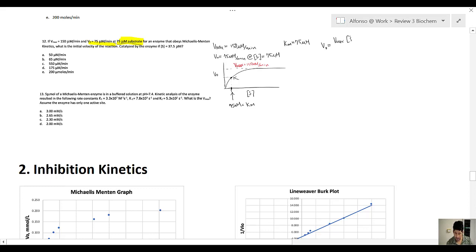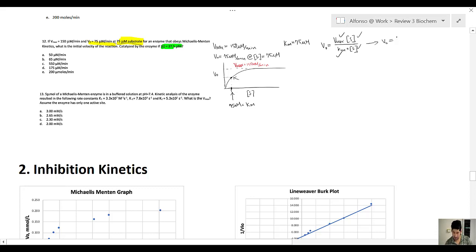Now that we know Km, we can use our Michaelis-Menten equation for a Michaelis-Menten enzyme. Initial velocity is equal to Vmax times the substrate concentration over Km plus the substrate concentration. We know Km, we know Vmax, and we know the substrate concentration that we're working with, which is 37.5.